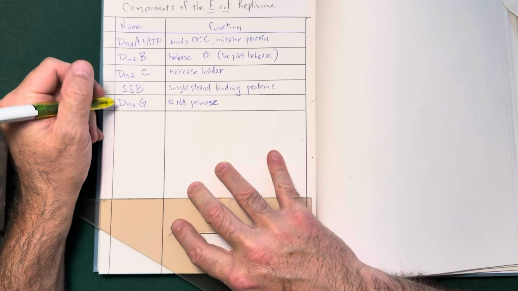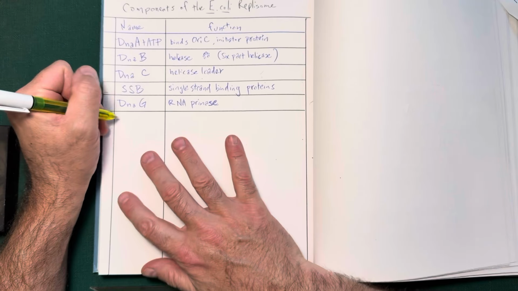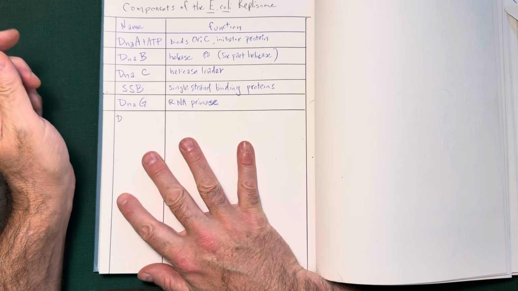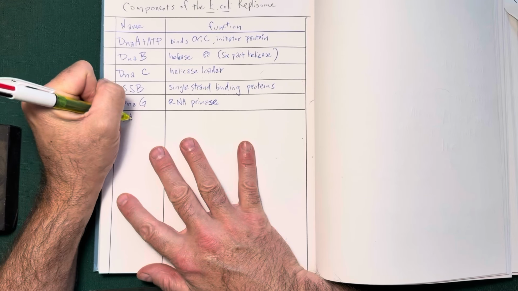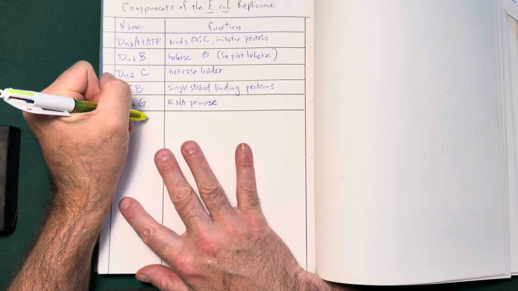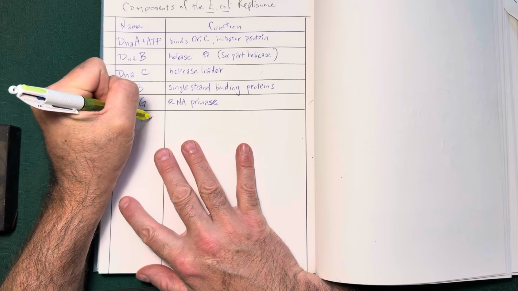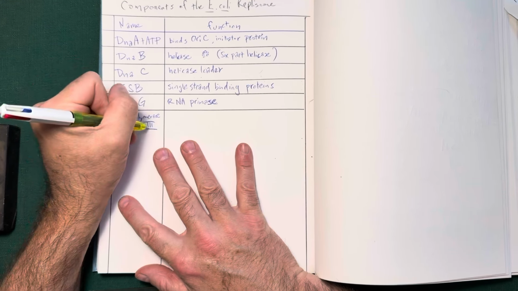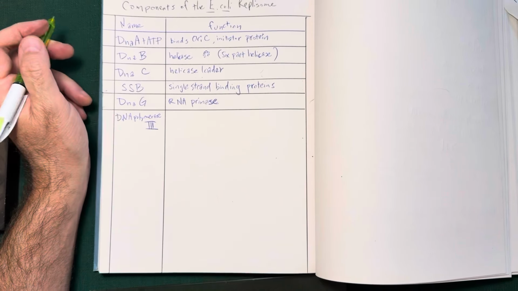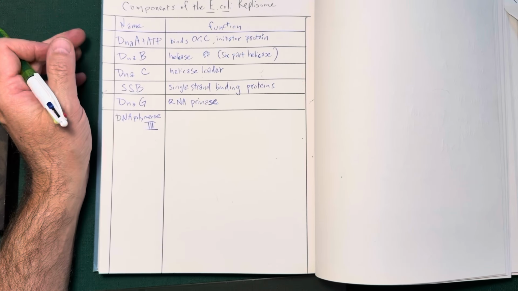So this brings us to, trying to keep you consistent here, DNA polymerase 3. DNA polymerase 3 because it was the third one characterized.